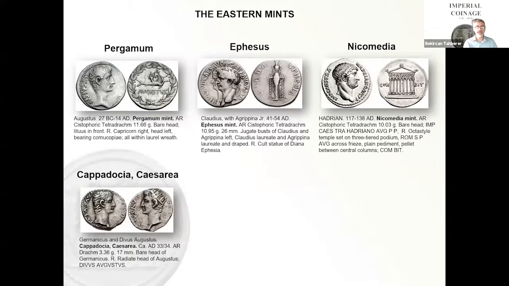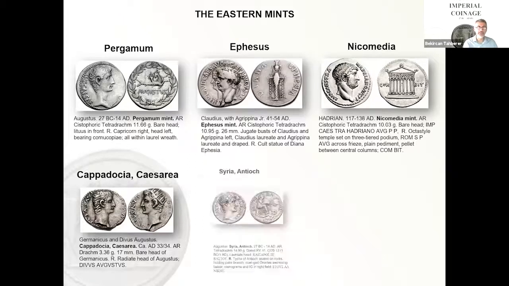Caesarea, or Kaisareia, in Cappadocia started issuing coins most probably during the time of Tiberius, but there are certain coins that suggest that it started during the time of Augustus, though not decisively.